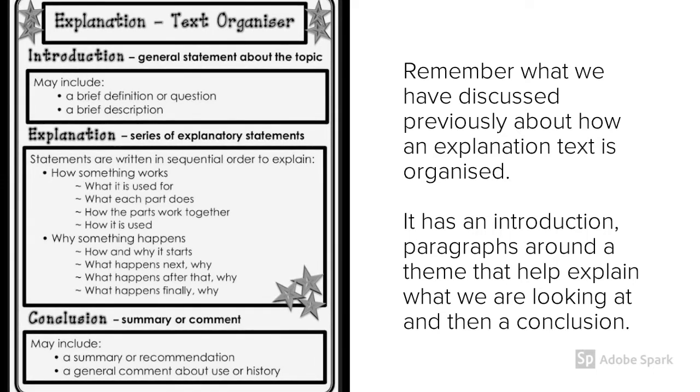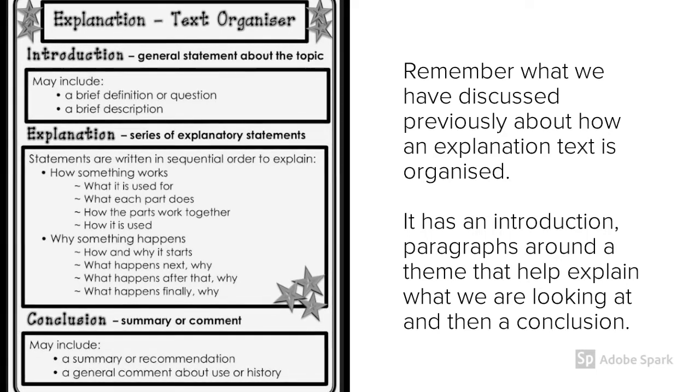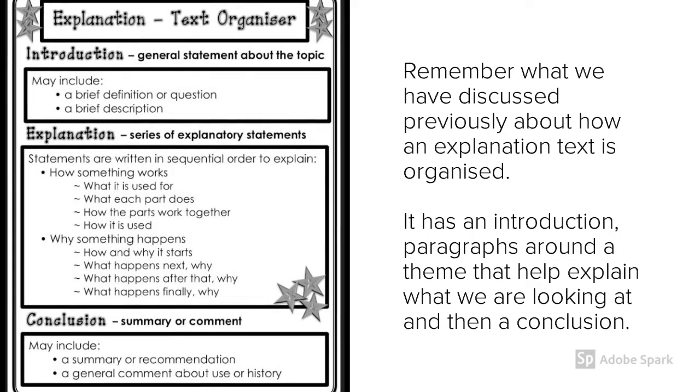The explanation is a series of statements that are then made for the next part of your writing, and we know that we use organizational devices and subheadings to organize these into paragraphs around a theme. Finally, we end with a conclusion or a summary or a comment.